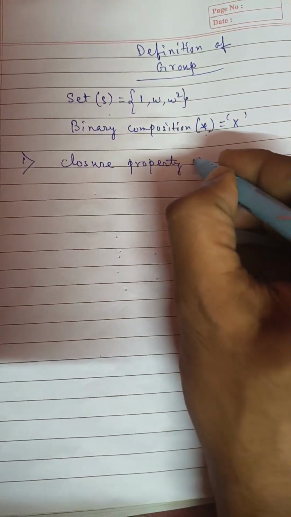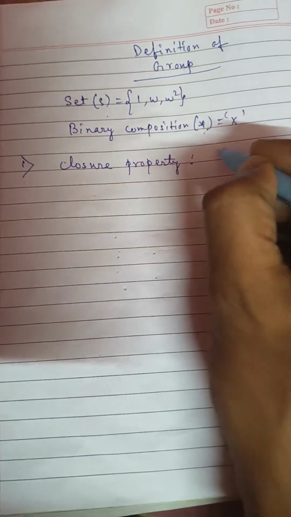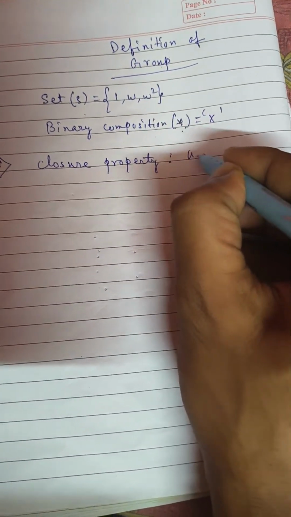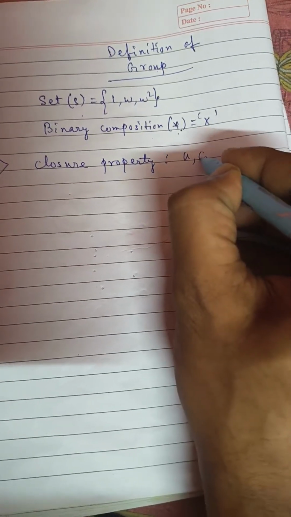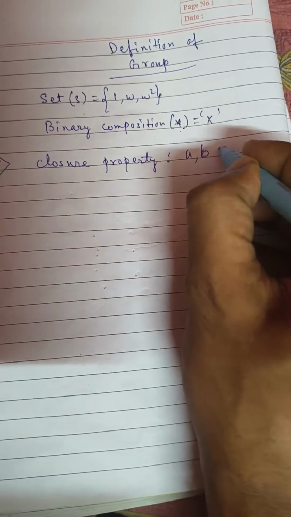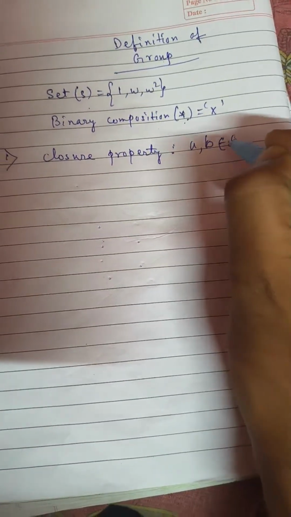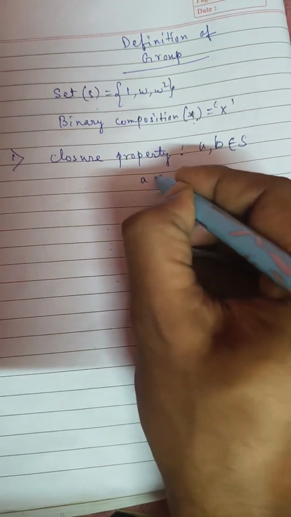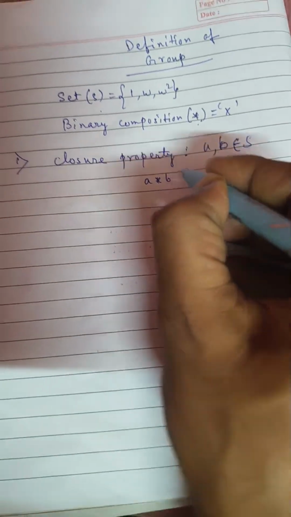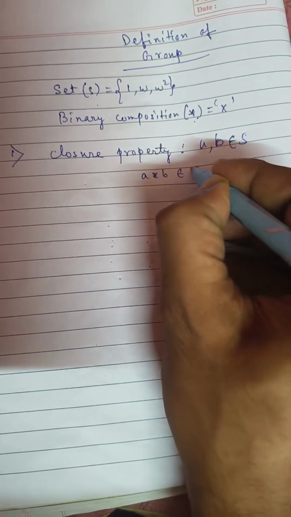It tells that if any two elements A, B belong to set S, then A star B must belong to the set S.